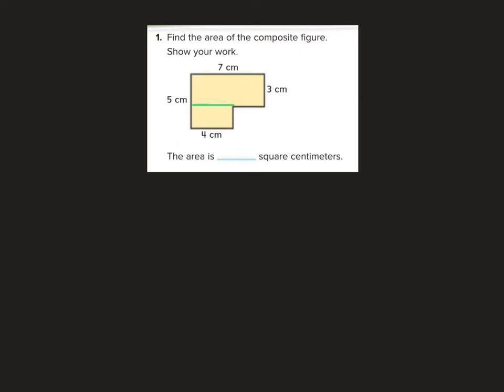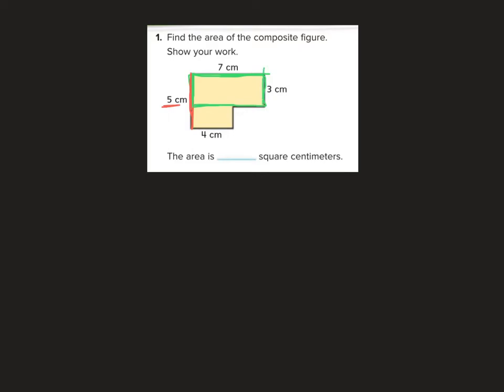Okay, so in order to find the area of this larger rectangle, please notice this. The 5 here is worth this whole side. Some kids get confused and they think, oh, that 5 must be worth this little piece that I need right there. No, no, no. That little piece is worth 3.